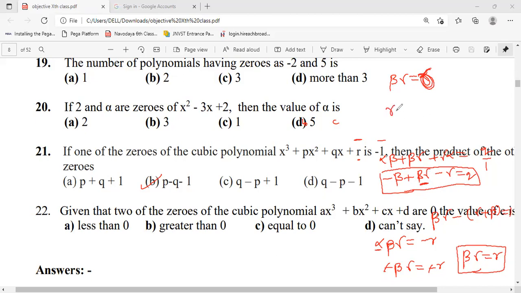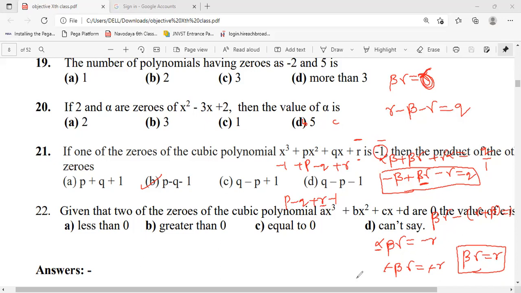So r minus beta minus gamma is equal to q. And also you substitute in place of x this minus 1, this will become minus 1 plus p minus q plus r. What is r in place of beta gamma?